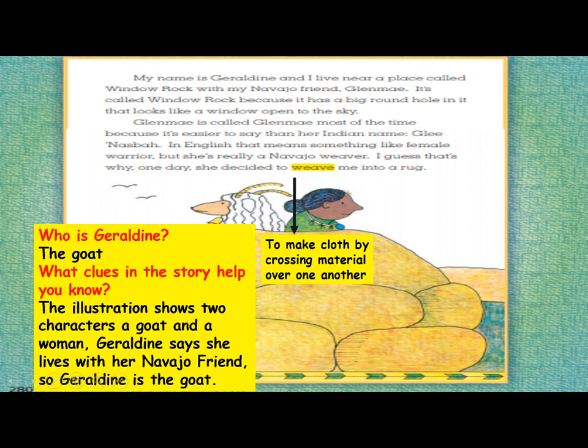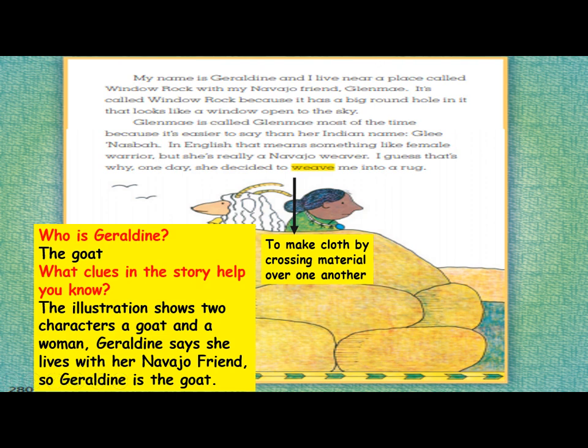What clues in the story help you know? The illustration, as you can see here, the drawing shows two characters, Glen May and Geraldine. Geraldine is talking about a woman, the Navajo one, and obviously this is the Navajo friend, so Geraldine is the goat. So far, we know the two characters, Geraldine and Glen May. Geraldine is the goat, the one who's telling us this amazing story. But why do you think Geraldine the goat is telling us the story?